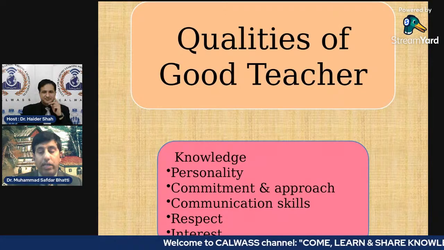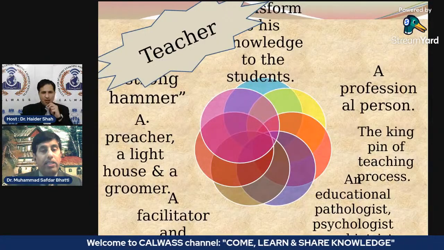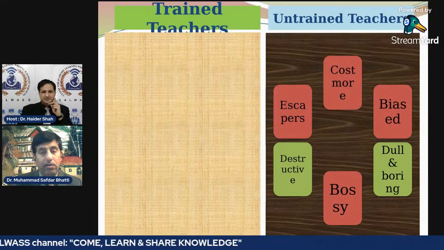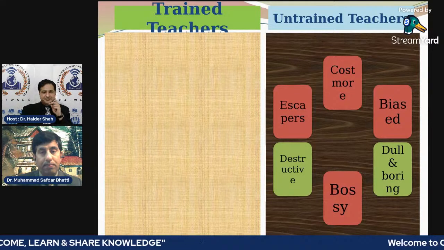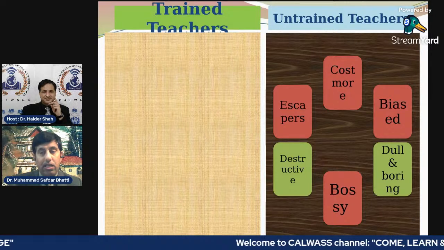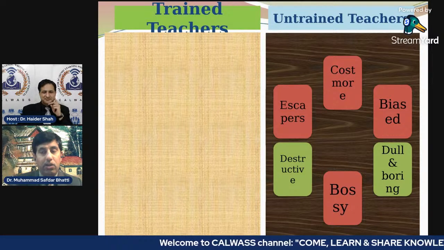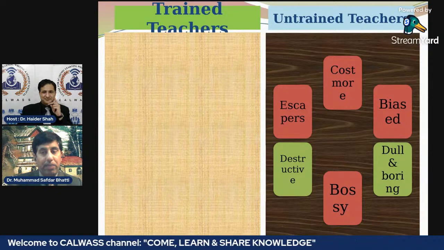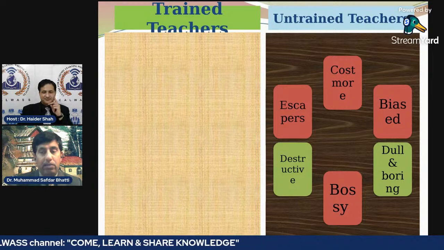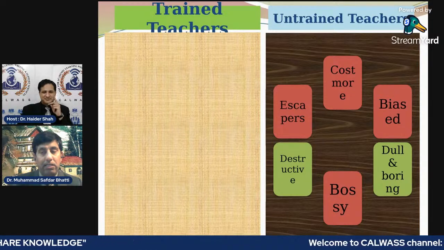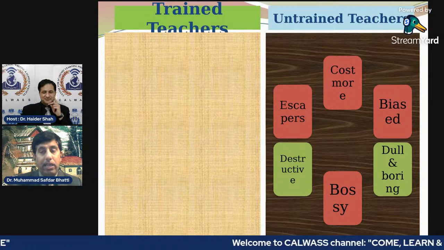These are some qualities of our trained teachers, which I would like to share with you here. Basically, trained teachers are very costly, while untrained teachers cost more. The trained teachers are not biased, while the untrained are biased. The trained teachers are very loving and caring, while the untrained teachers are dull and boring.